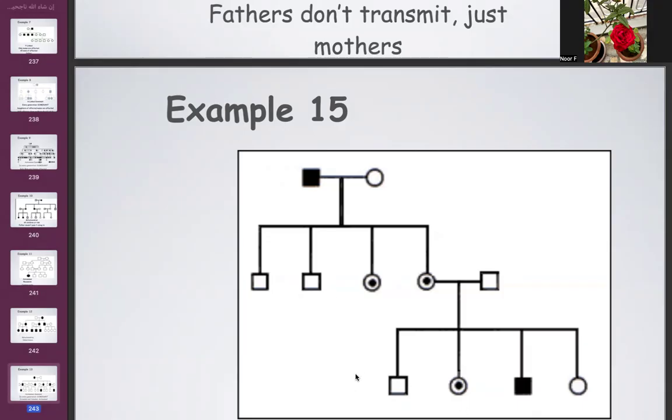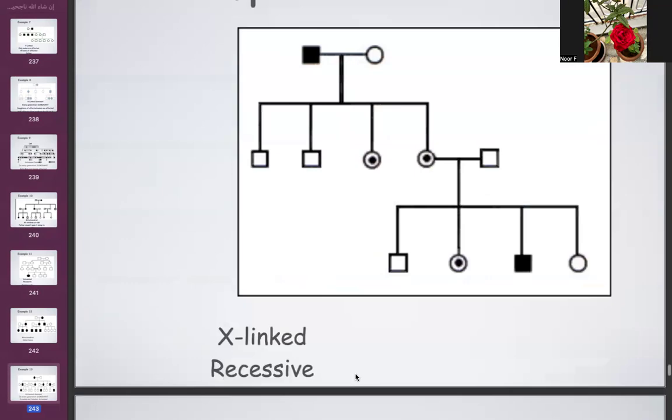Then this is X-linked recessive. Here what is happening? The father is affected, so the females receive one affected chromosome from the father and one normal chromosome from the mother. So they are carriers. Since the males receive the normal chromosome from the mother, they are not affected.